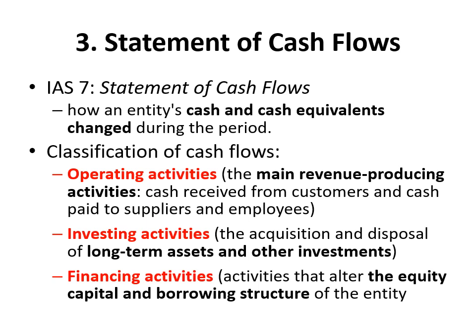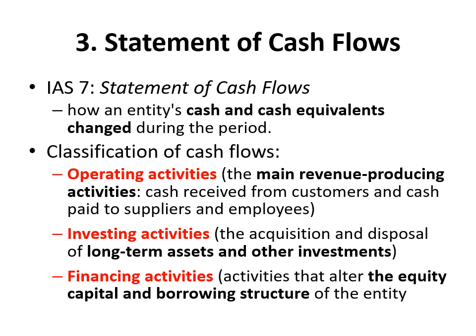So as we discussed in intermediate accounting, technically, we classify cash flows into three activities. The first one is operating activities, which concern the main revenue producing activities such as cash received from customers and cash paid to suppliers and employees.